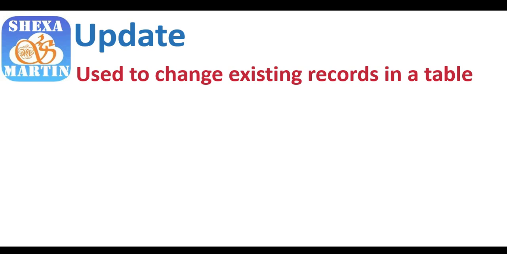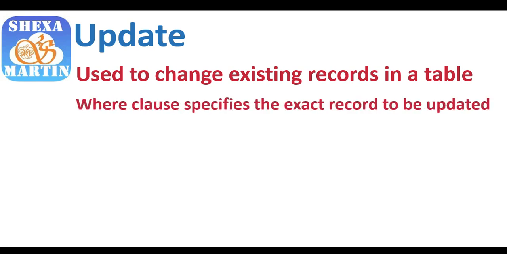Within the update command, we use a where clause. The where clause specifies which record or which records are to be updated. So you can update only one record, or you can update more than one record.